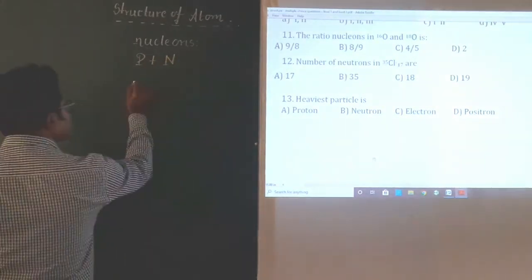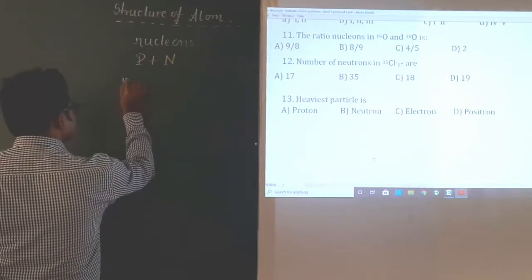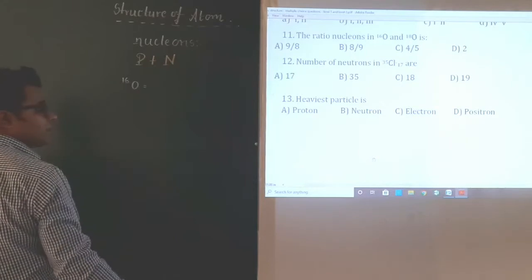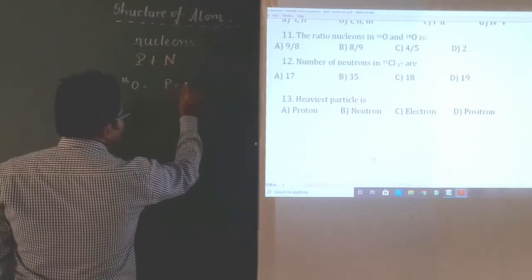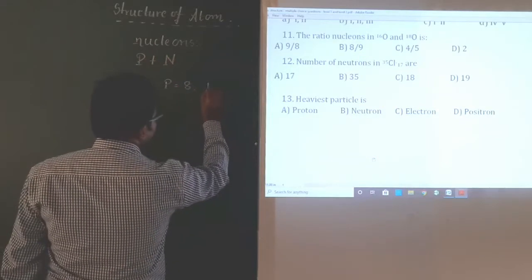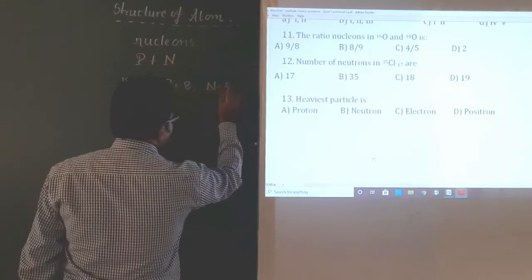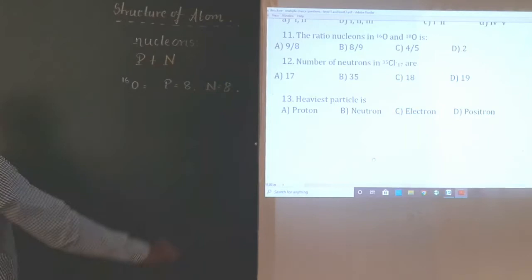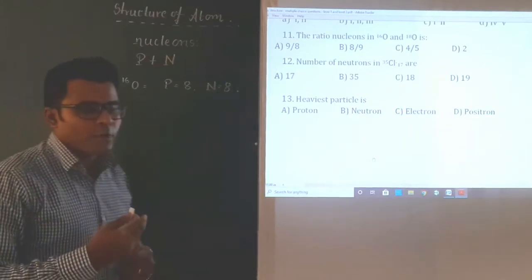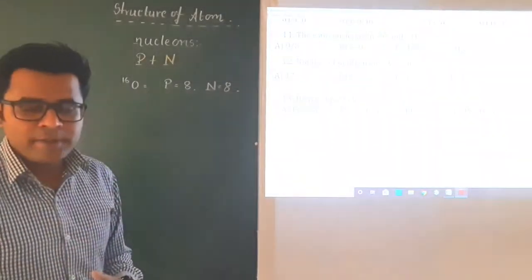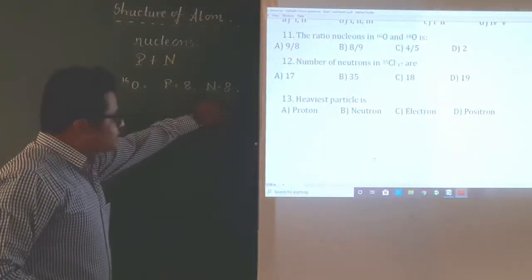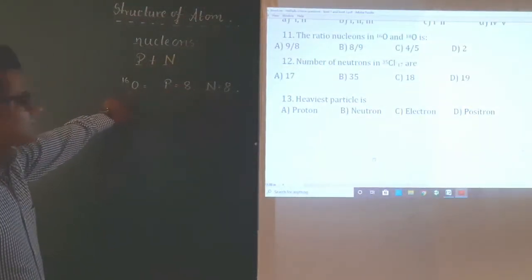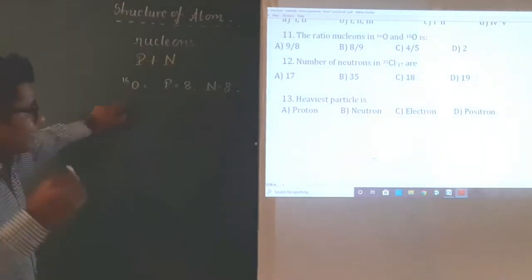Now, when we speak about O16, what we know here is that number of protons are 8, number of neutrons are 8. Because oxygen has an atomic number of 8, 8 electrons, 8 protons. Protons 8 plus neutrons 8, 16 atomic mass.